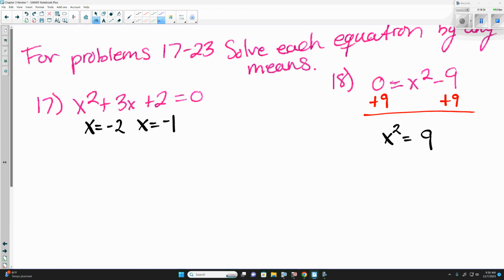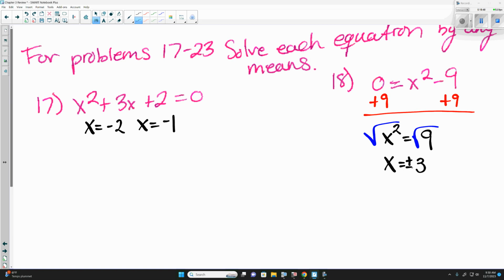Once we get the squared term by itself, we take the square root of both sides. That's where the square root method gets its name, because the square root of x squared is x. And this is halfway right. There is one thing we're missing, plus or minus.